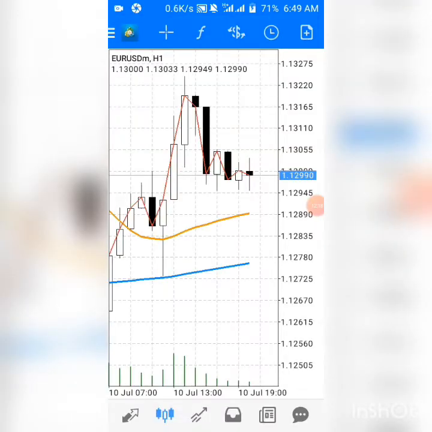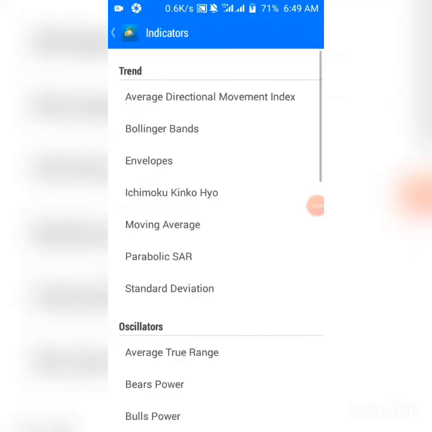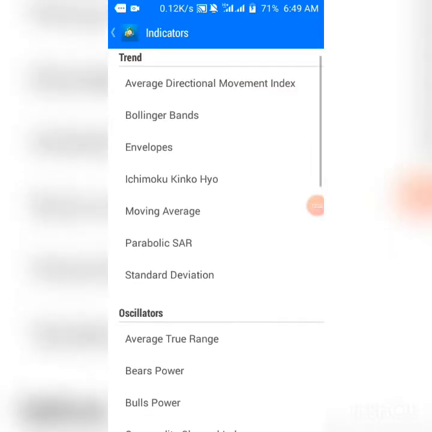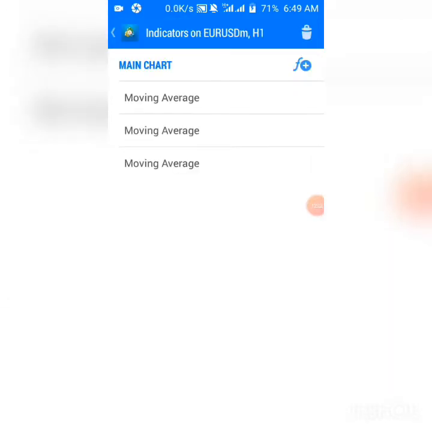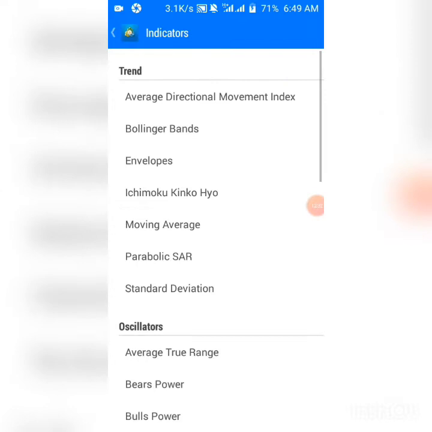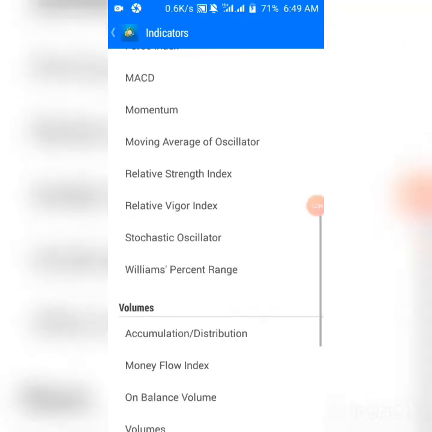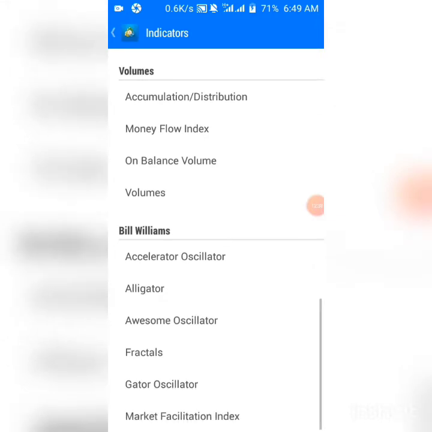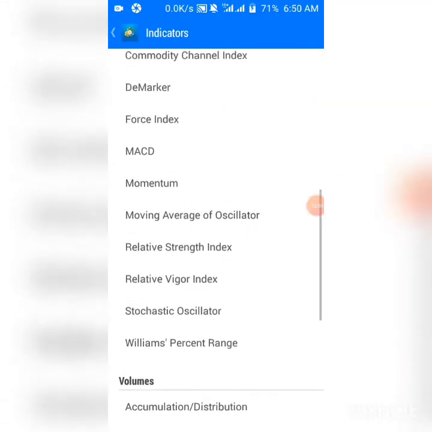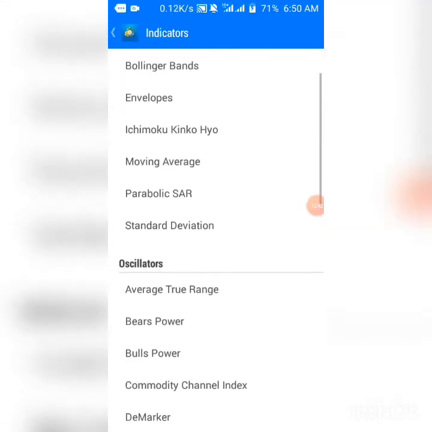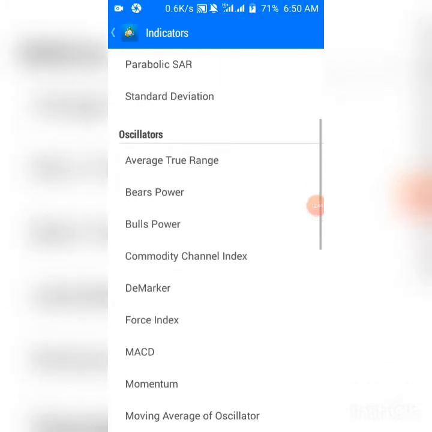For the indicator section, I can add as many indicators as possible. All I'll do is tap the plus button here and then start to add as many indicators as I want. For instance, let me add the awesome oscillator.